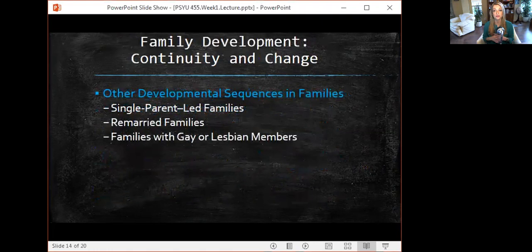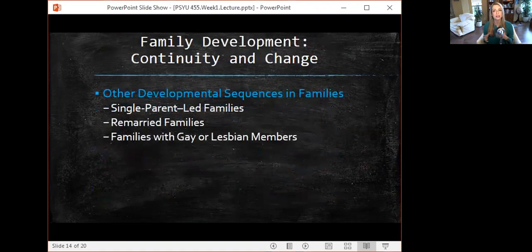Alternative families, such as those led by single parents as a result of divorce, adoption, out-of-wedlock birth, donor insemination, or widowhood, or those for which remarriage has created a stepfamily, inevitably experience disruption in the family life cycle before resuming their orderly development.